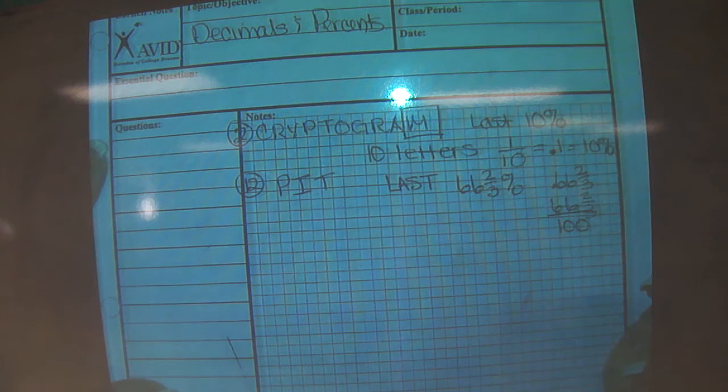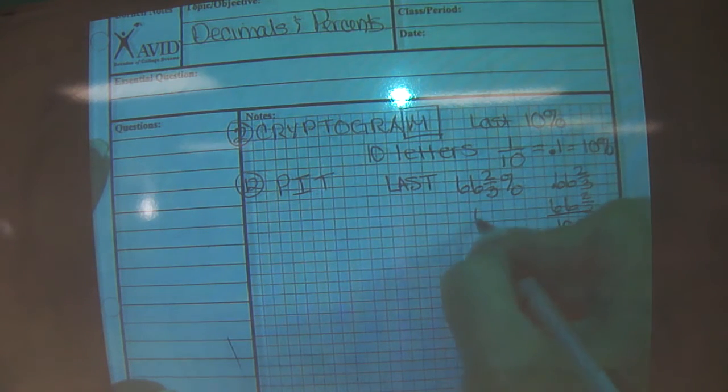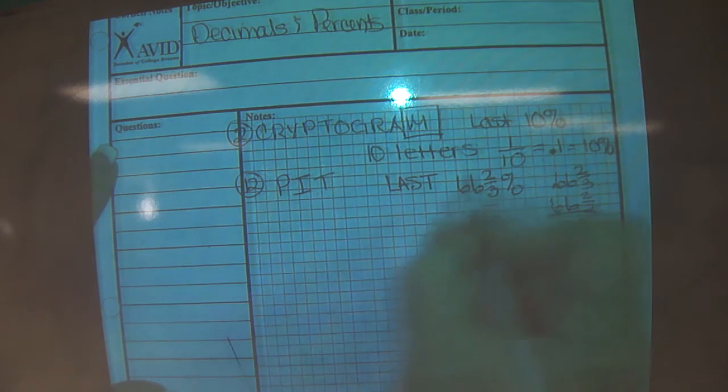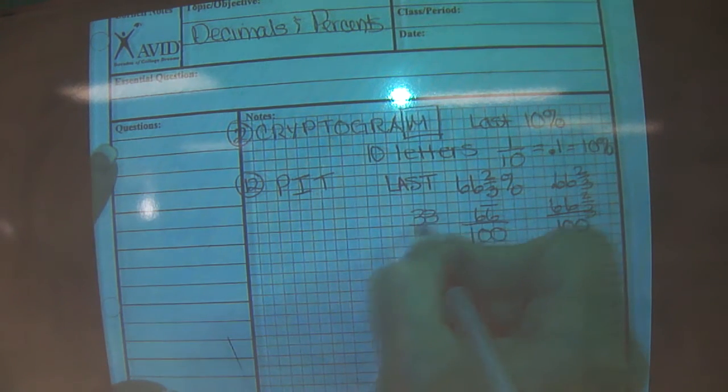That's a third. Oh no. So it's 66.666, so we really have 66 repeating over 100. Okay? So how do you simplify it? Does it divide by 2? Yes. Okay, so now we've got 33 repeating over 50.